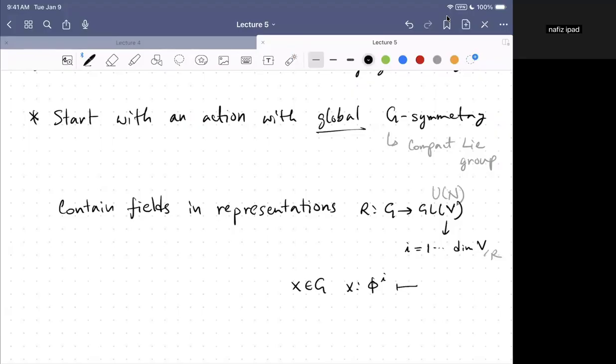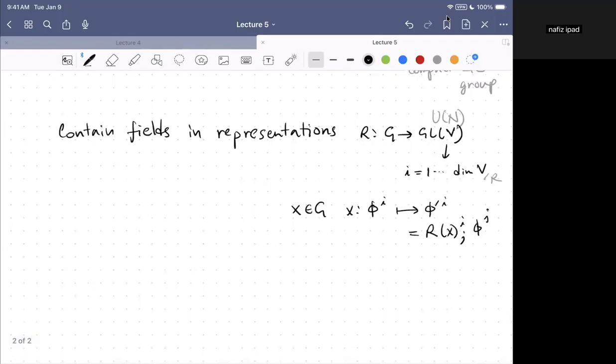And it will transform into a new field, phi prime I, which is nothing but the action of X on V. Something like this. And the invariance of the action under this transformation means that if you evaluate your action on phi, that's the same as evaluating it on the new field phi prime.